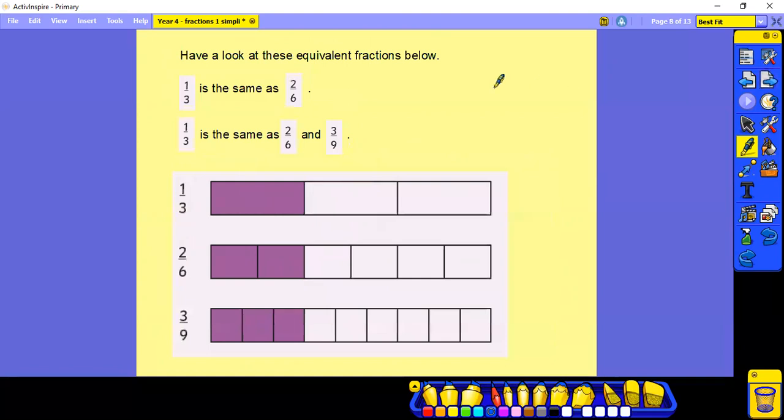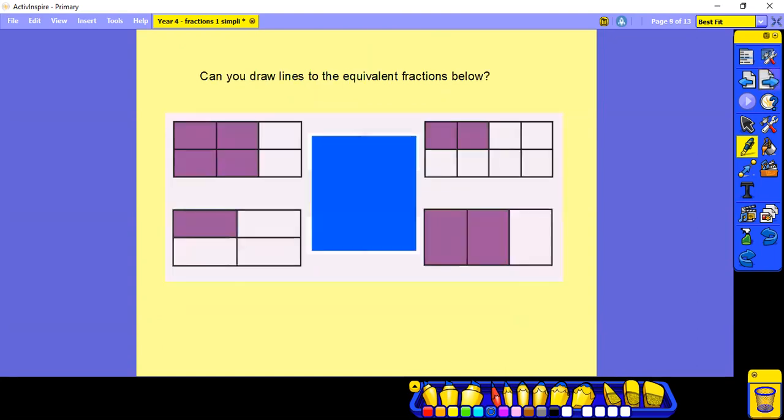Have a look at these equivalent fractions below. So again, it's the same thing. This bar has been split into 3 to represent a third. This bar has been split into 6 to represent 2/6. And this bar has been split into 9ths to represent 3/9 here. So a third is the same as 2/6 and is also the same as 3/9. A third, 2/6 and 3/9 are equivalent fractions.